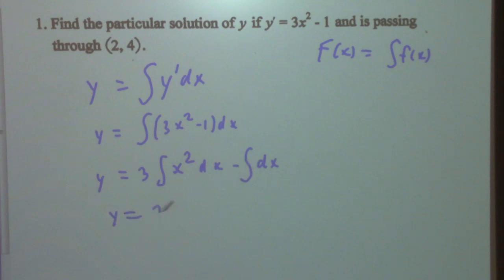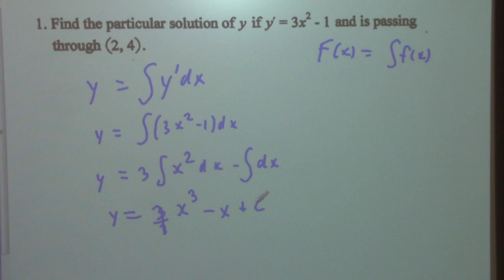When we work this out, we have 3 times x to the third divided by 3, so we divide by what we take the power to. Then minus, what's the integral of dx? x, plus c. And so the 3s will cancel out.